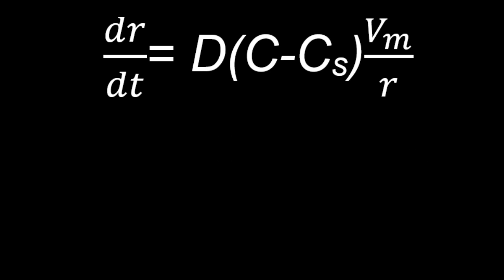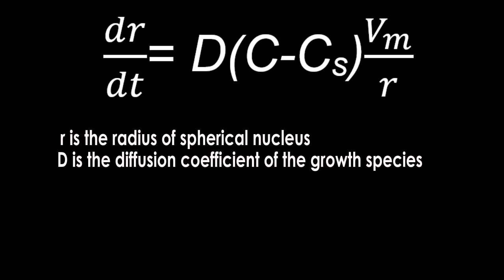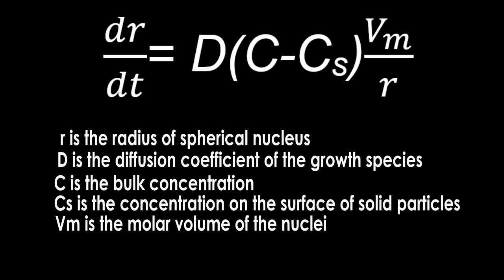If the growth process is controlled by the diffusion of growth species from the bulk solution to the particle surface, the growth rate is given by, where R is the radius of spherical nucleus, D is the diffusion coefficient of the growth species, C is the bulk concentration, Cs is the concentration on the surface of solid particles, and Vm is the molar volume of the nuclei as illustrated in figure 3.6.